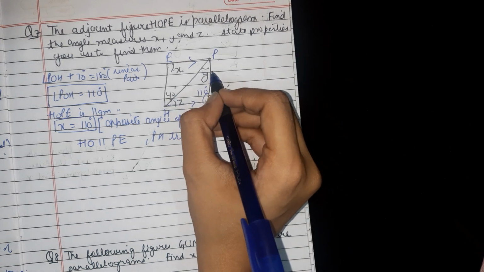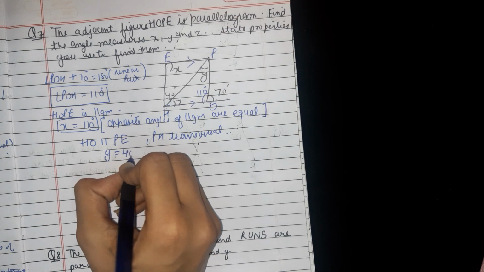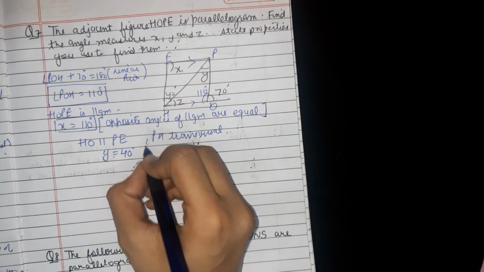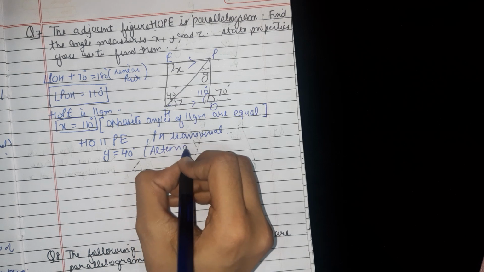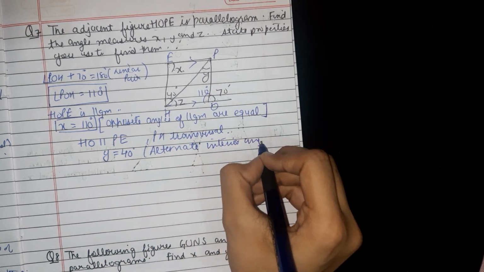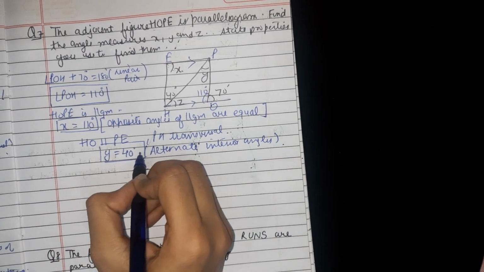So angle y will be equal to 40 degrees because of alternate interior angles. So y comes out to be 40 degrees.